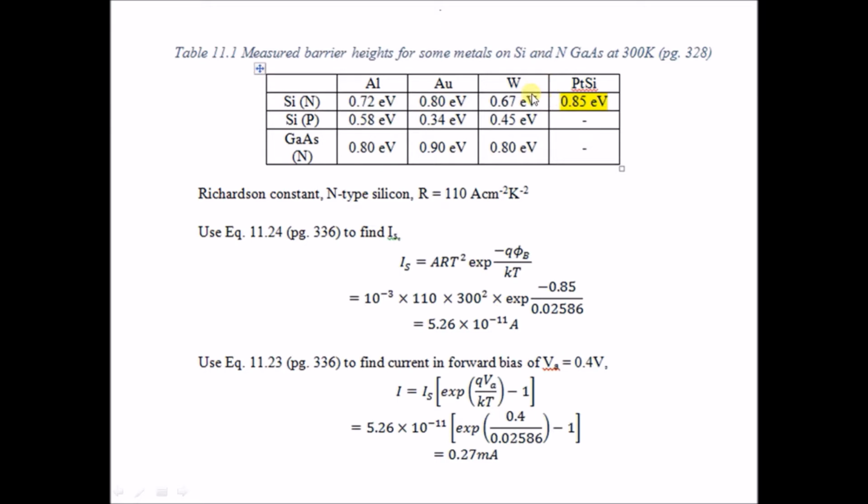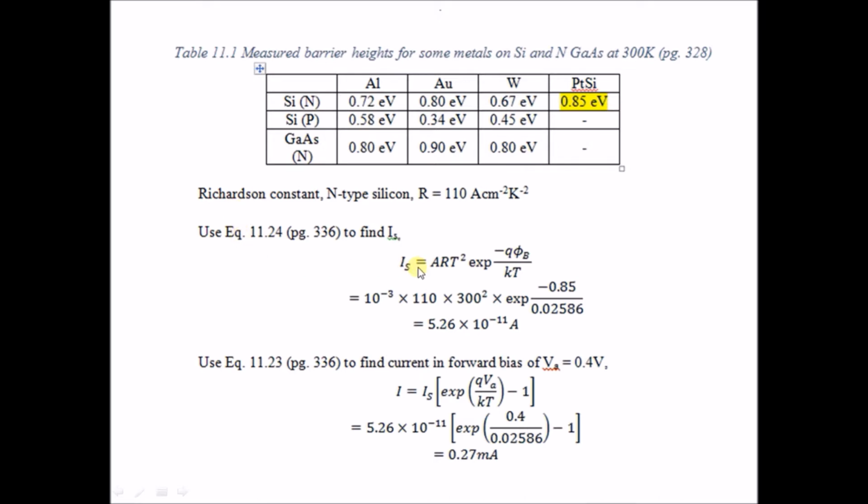We get the barrier height for certain metals that have been calculated and provided. In the question, we use N-type silicon and the form of platinum silicide. The value of the barrier height is 0.85 electron volt.